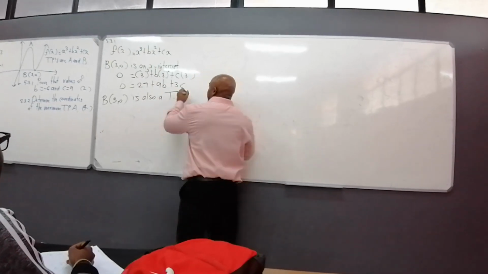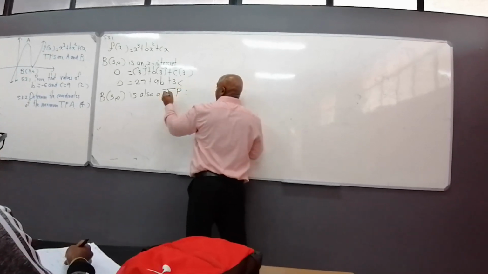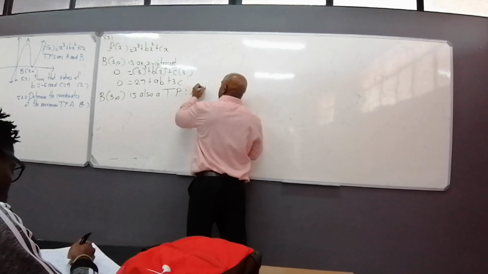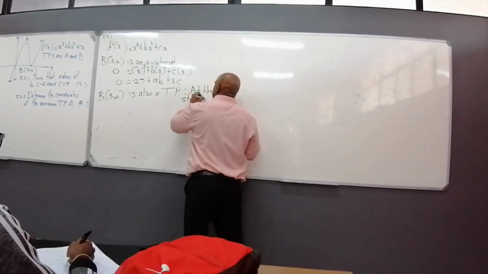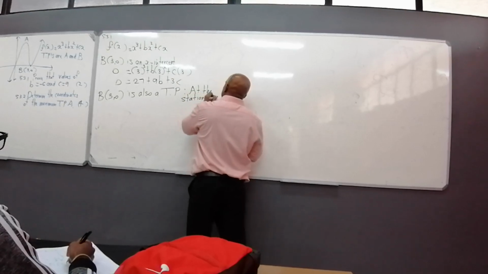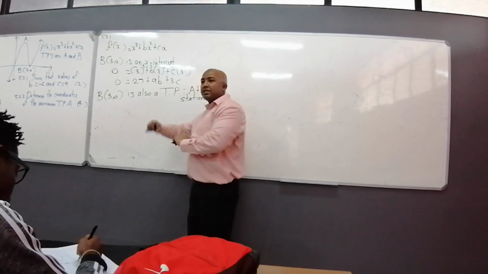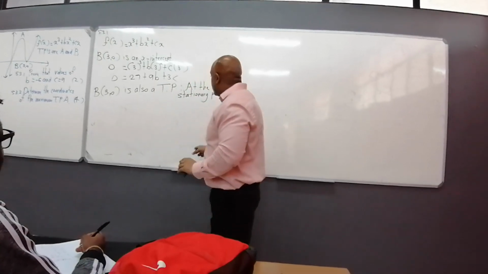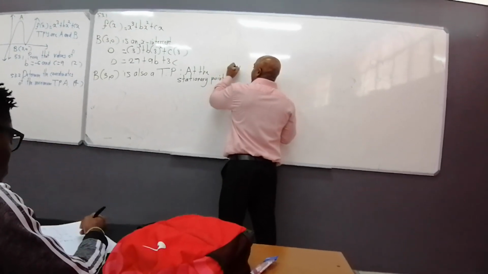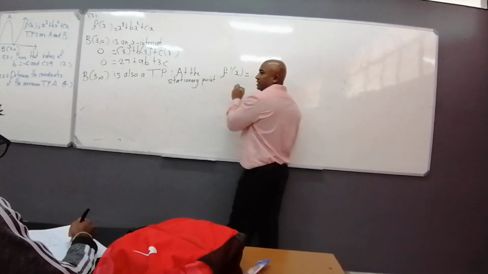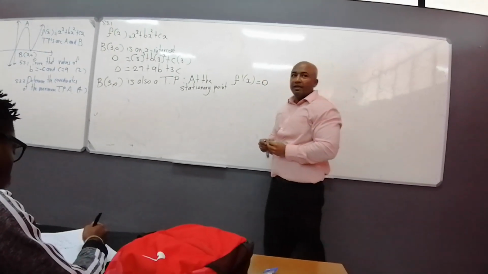We know that at the turning points, or stationary points, whatever you call it, it can be called maximum, minimum point, turning point, stationary, all means the same thing. So at the turning points, the first derivative, f prime x, must equal what? 0.